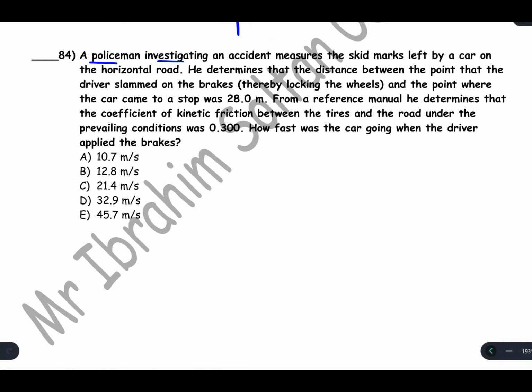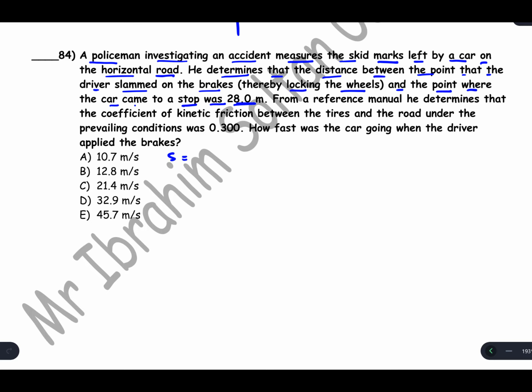A policeman investigating an accident measures the skid marks left by a car on a horizontal road. Guys, the marks are made by the tires of the car. He determines that the distance between the point where the driver slammed on the brakes, thereby locking the wheels, and the point where the car came to a stop was 28 meters.